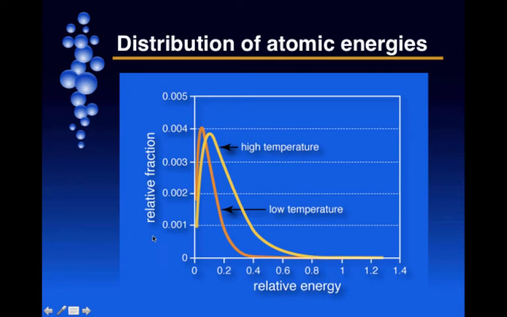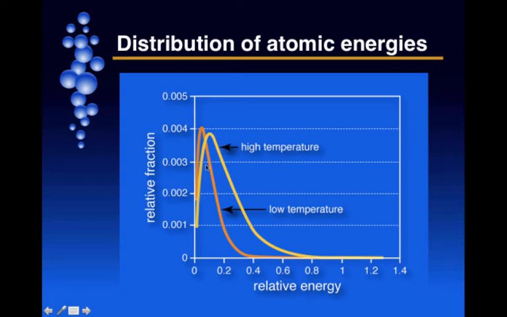energy and the relative fraction of atoms having a known amount of energy. So at low temperature, this curve is represented by this probability function effectively, and the area under the curve gives you the overall energy of the system.